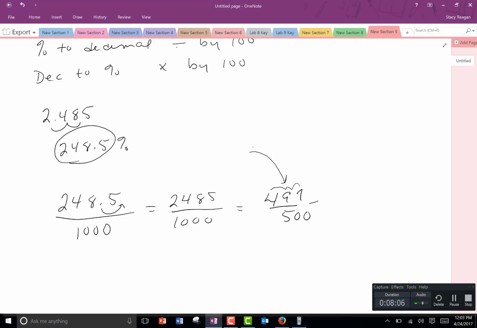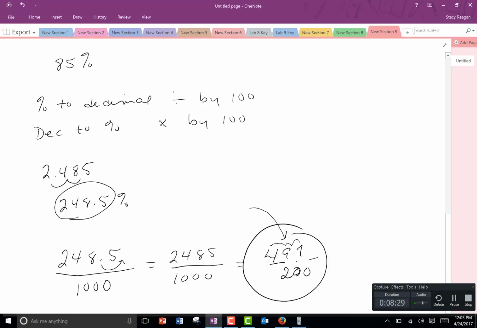So I think we're pretty good with it. Let me check on my calculator and make sure. Yep. 497 over, whoops, 5 goes into 1,000 200 times. Sorry about that. Instead of 500 times. So there we have that one reduced as a fraction.